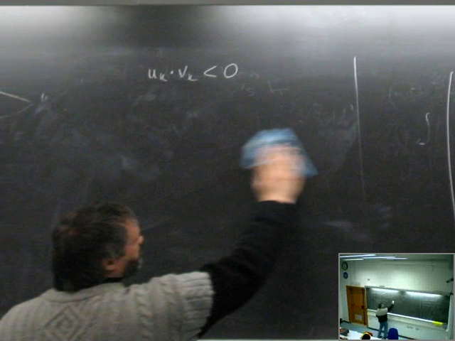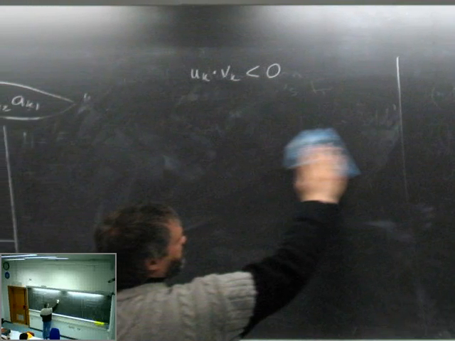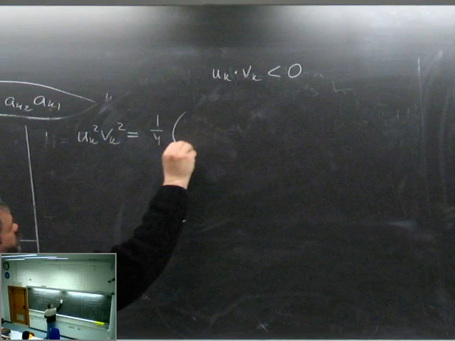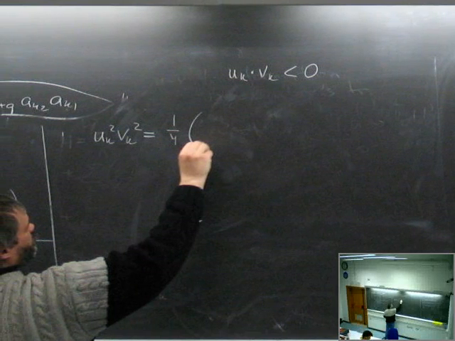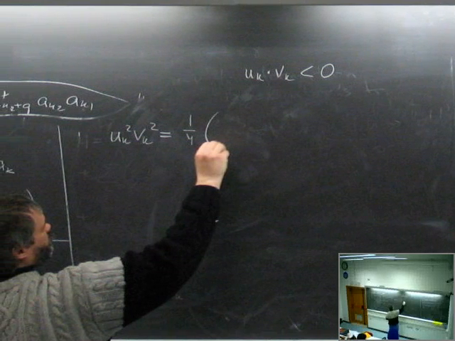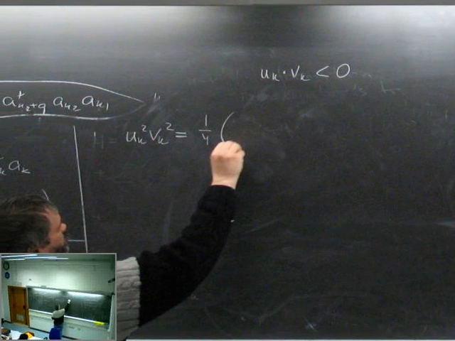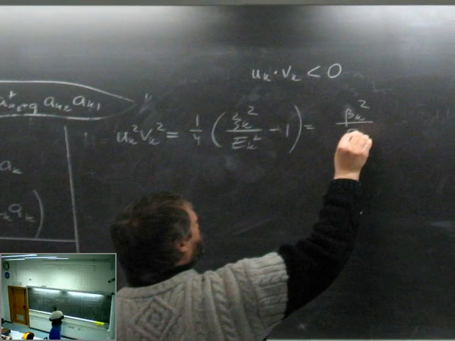So, uk square vk square is equal to 1/4 times (psi k square over ek square minus 1). So this is equal to beta k squared over ek squared.